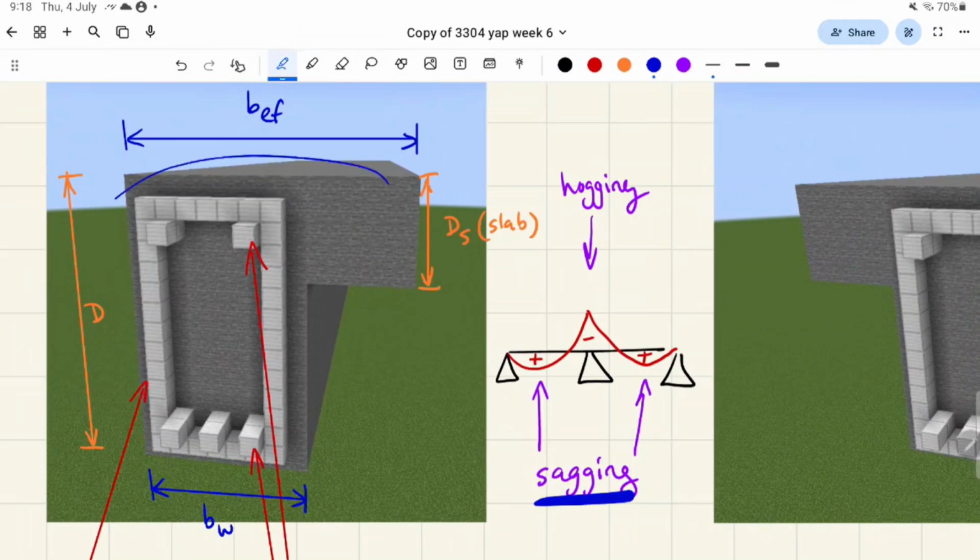So we call this top part the flange, and then the bottom part the web. This naming notation is because of the width dimension. It's not because of where it's positioned. So the flange part of a cross section is always the wider part, and the less wide part is always called the web. Do you know what I mean?